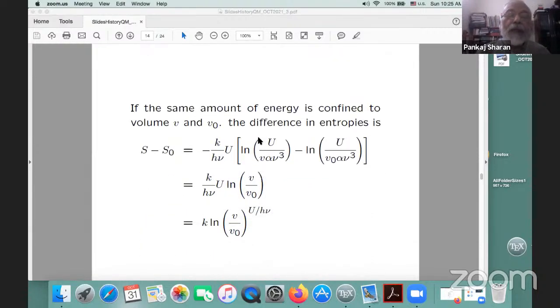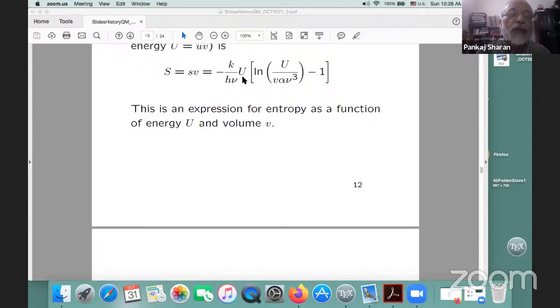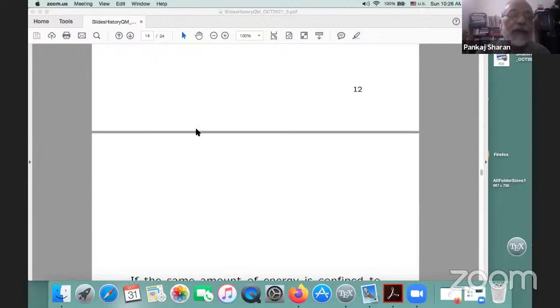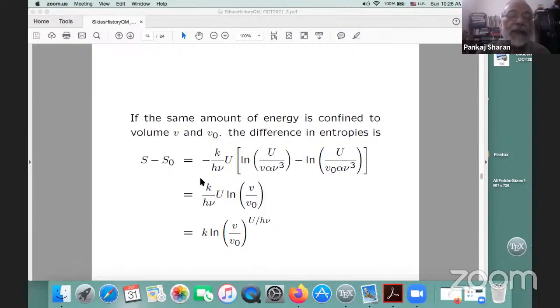And if the same amount of energy is confined to a smaller volume V and V0, the difference in entropies is this. Please remember that we are talking about the same amount of energy U. U is common, but volumes are different. So S minus S0 is minus K times U upon H nu, which is common to both, log of U upon V alpha nu cube minus log of U upon V0 alpha nu cube. And therefore, log of this minus log of this is log of the ratio, which is V upon V0, and K upon H nu will come outside.